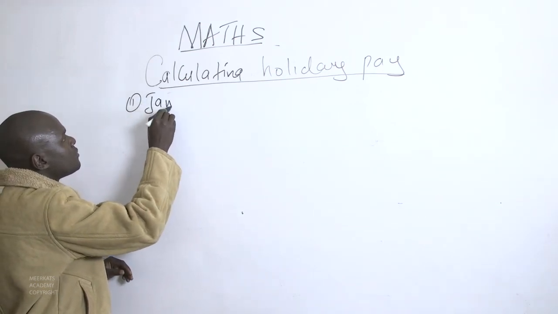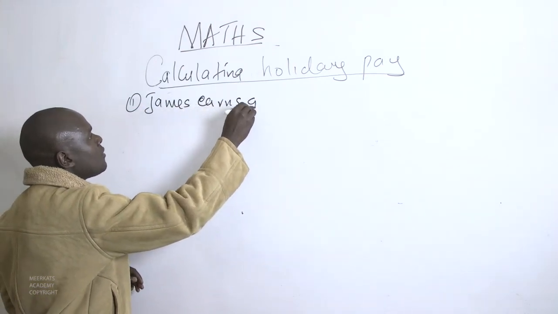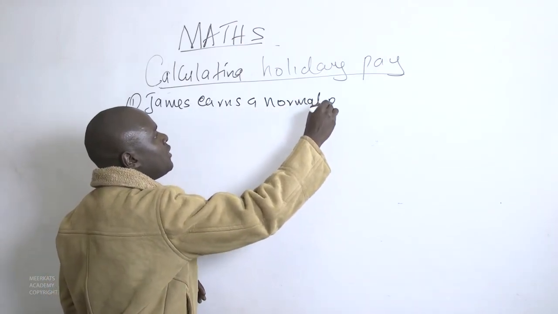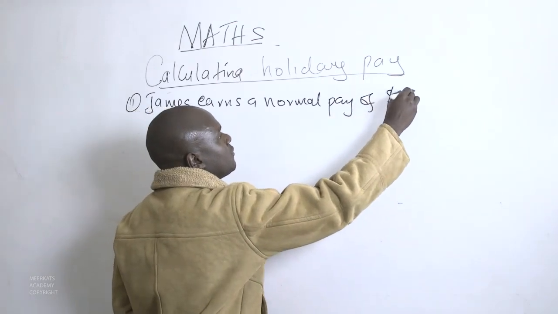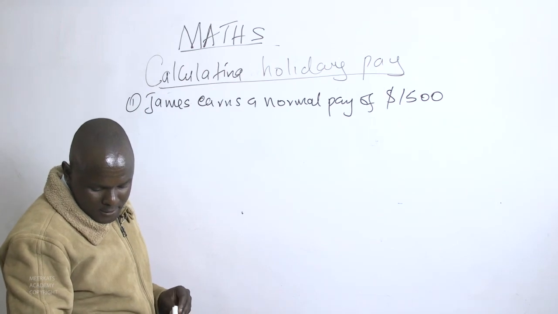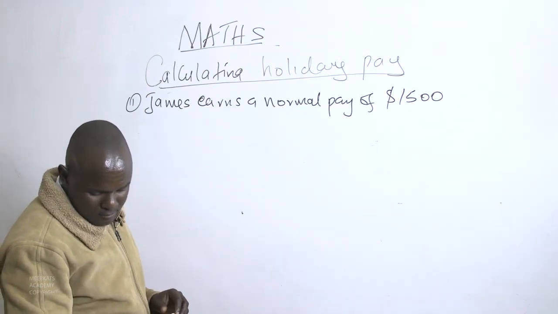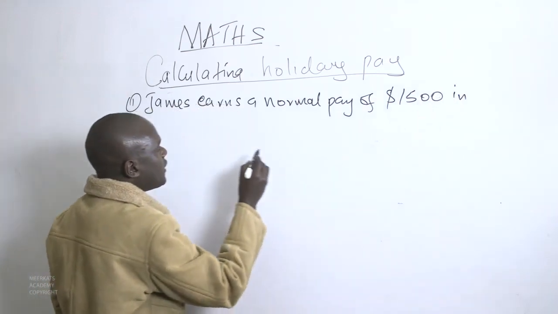James earns a normal pay of $1,500 in a week.